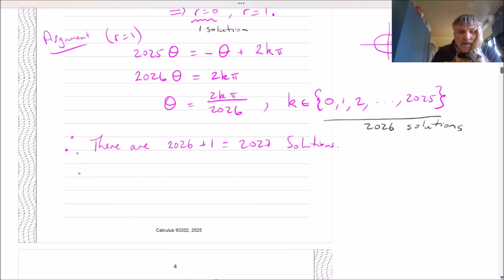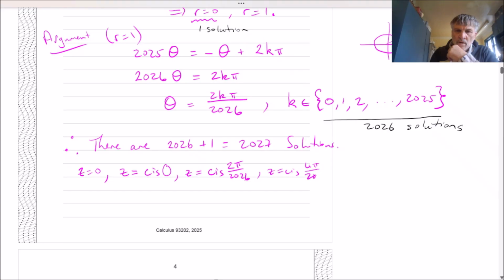So the solutions are z equals 0, z equals 1 times cis 0, z equals 1 times cis 2 pi over 2026, z equals cis 4 pi over 2026, all the way up to z equals cis 2025 pi over 2026.